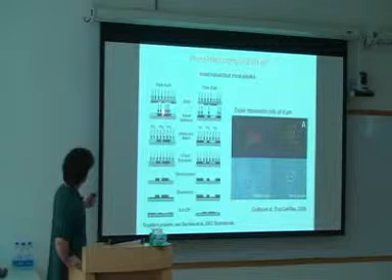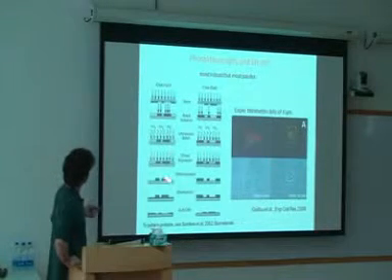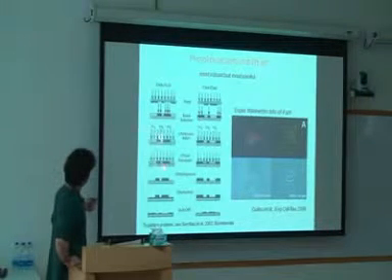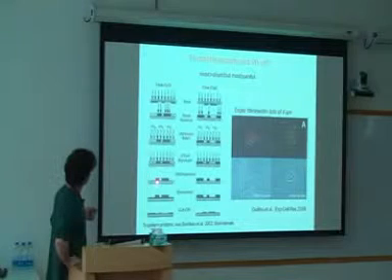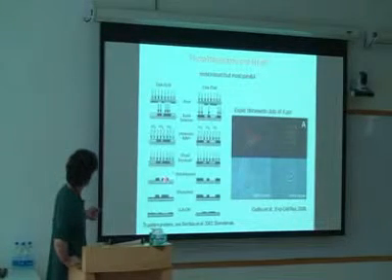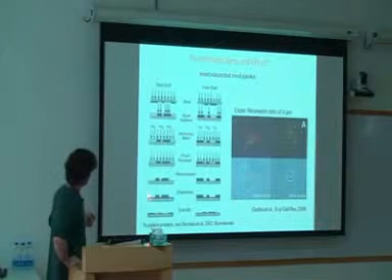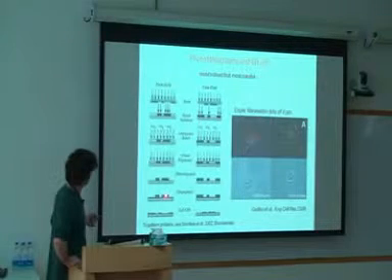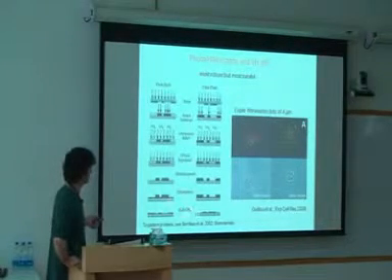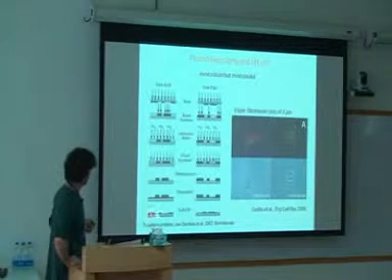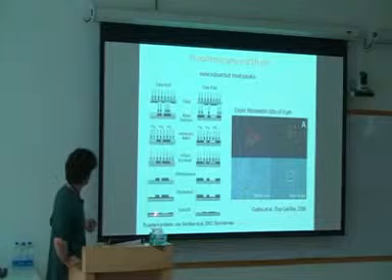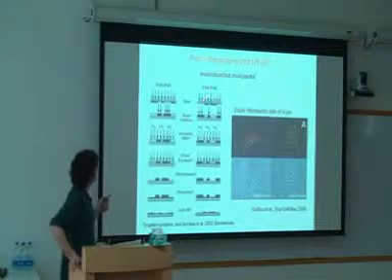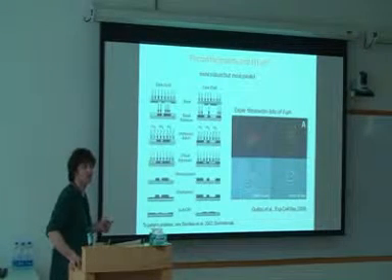Then you use a mask, and in that case, you stabilize the part which is illuminated with UV, and so when you solubilize the rest, you will end up with your glass, which is masked by these little islands. Then you cover with your molecule of interest, and then you lift off the remaining resin. Usually you need to use a solvent to do that. And so you end up with a substrate where you have this protein which is just deposited at certain places. So this is a very robust method. It works with pretty much everything.